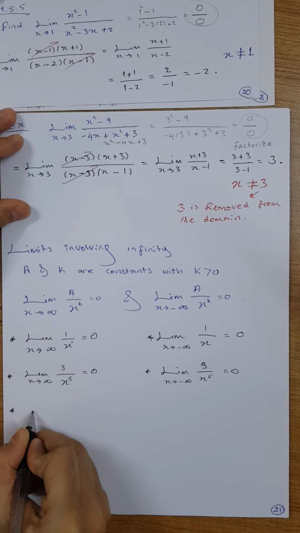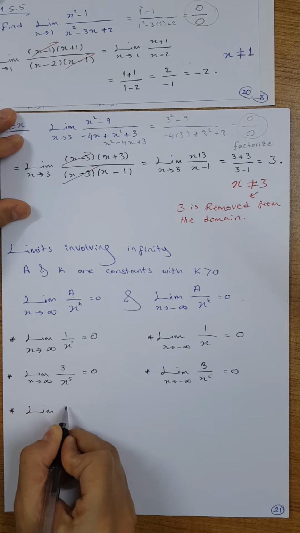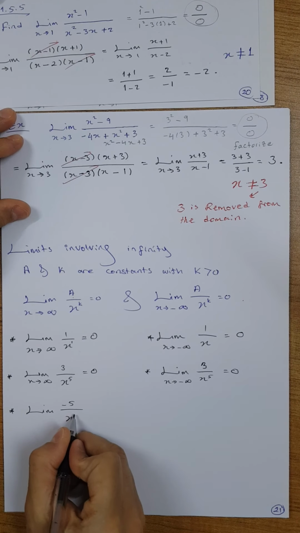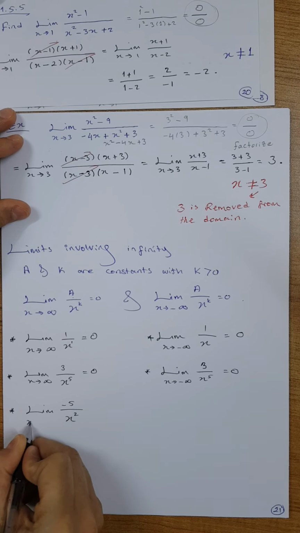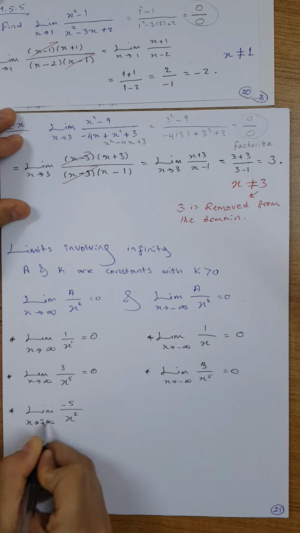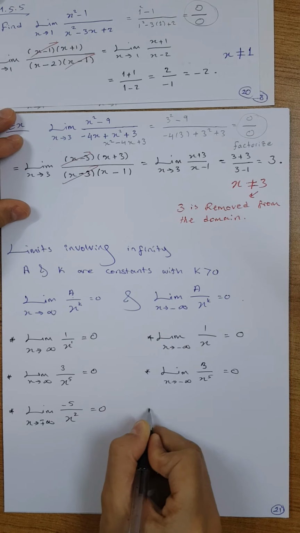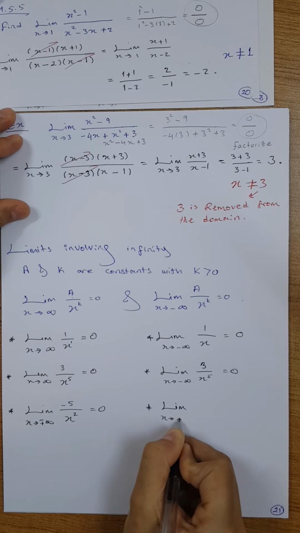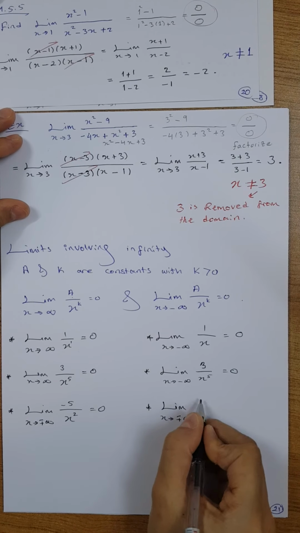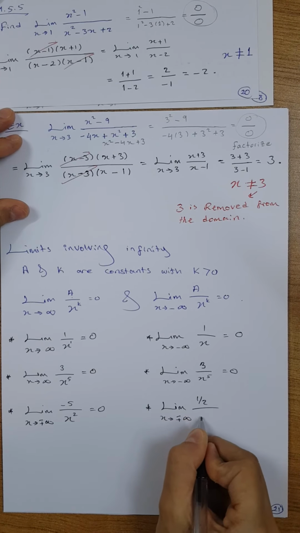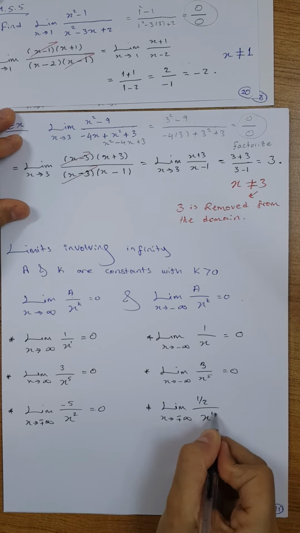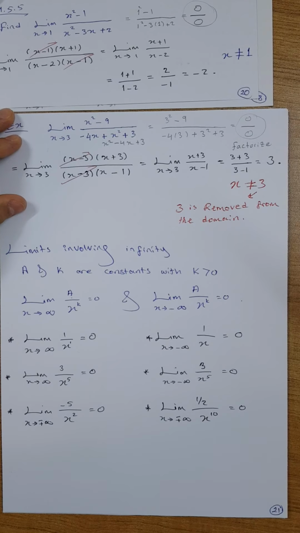Okay, so whenever you see a constant over x to the power of a positive number, if x is approaching infinity or negative infinity, the result is 0. For example, 1 over 2 all over x to the power of, let's say, 10, that's equal to 0.